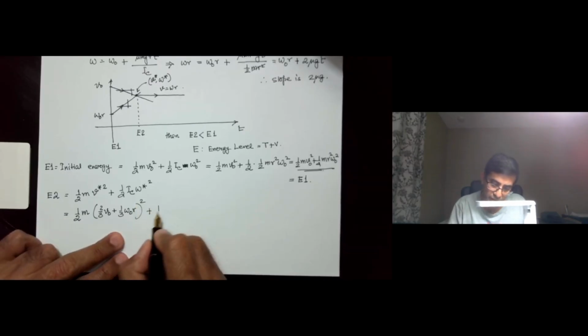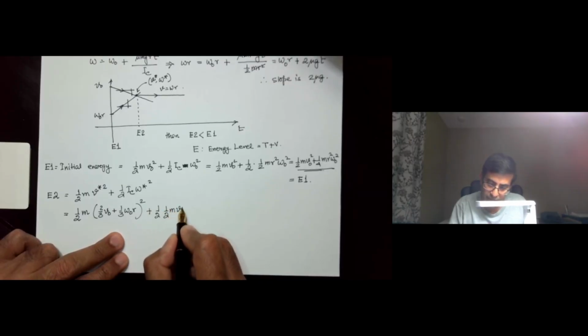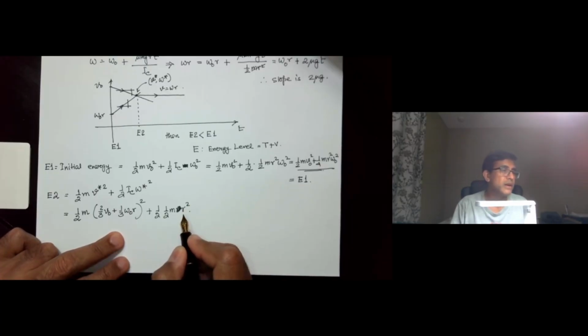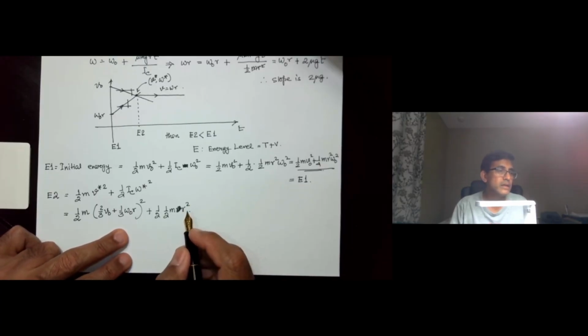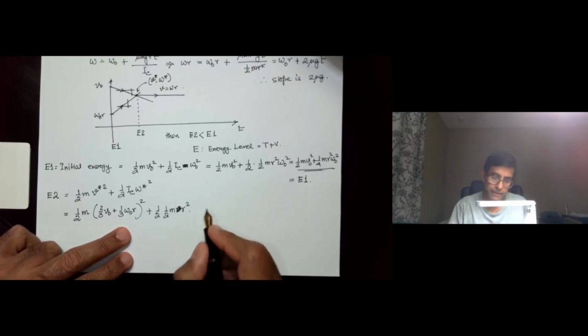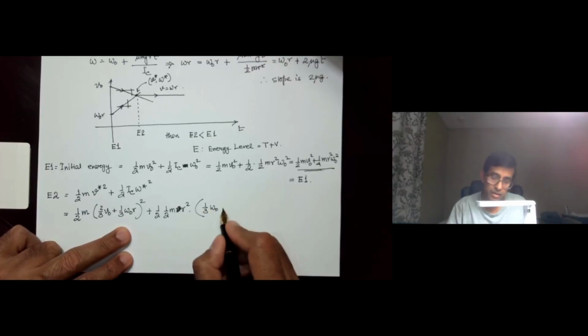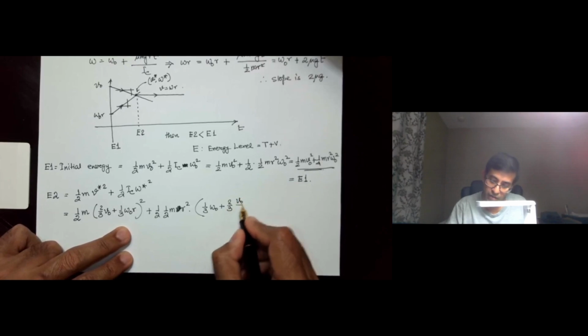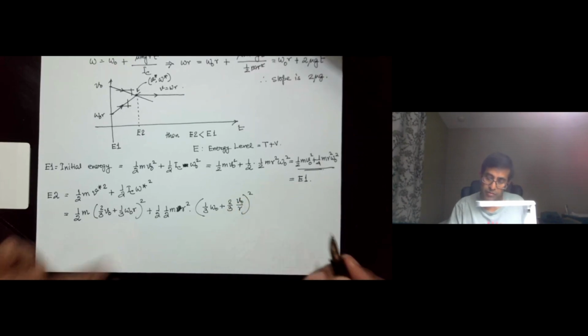And then we have half IC is half m r squared, and omega star is 1/3 of omega naught plus 2/3 of V naught over r whole squared.